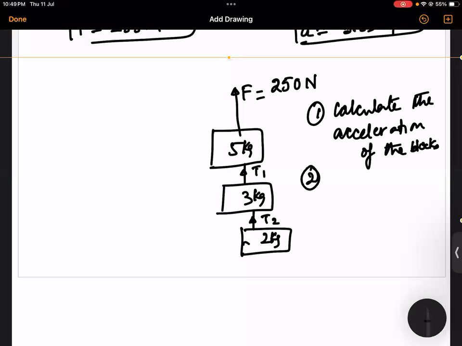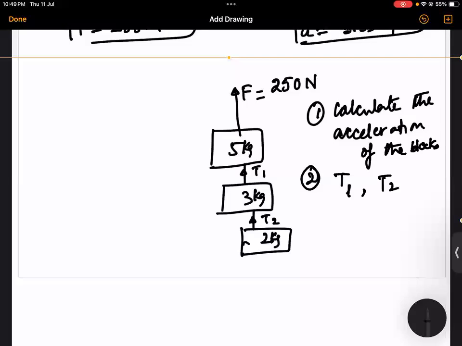Number 2, find T1 and T2. So this is the question.